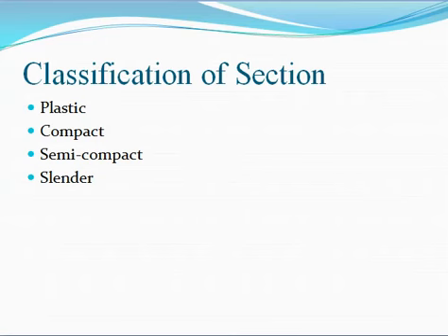So among all the sections, suppose we consider the I section. I section is classified among the four types which are given on the screen, that is plastic, compact, semi-compact and slender. But the classification depends upon the width to thickness ratio.